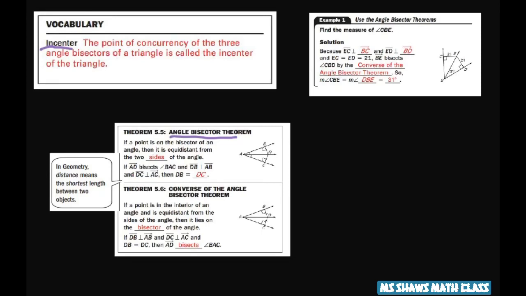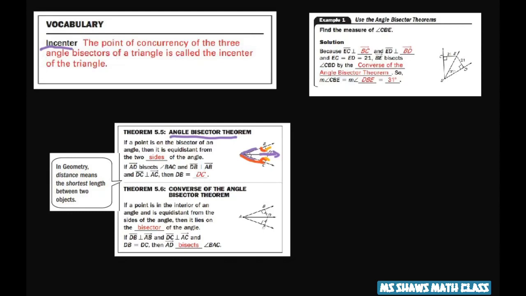So if AD here bisects angle BAC, so this is your bisector and it's intersecting BAC, and DB is perpendicular to AB, and DC is perpendicular to AC, then DB equals DC. So these two are equal. Should have made that bigger.